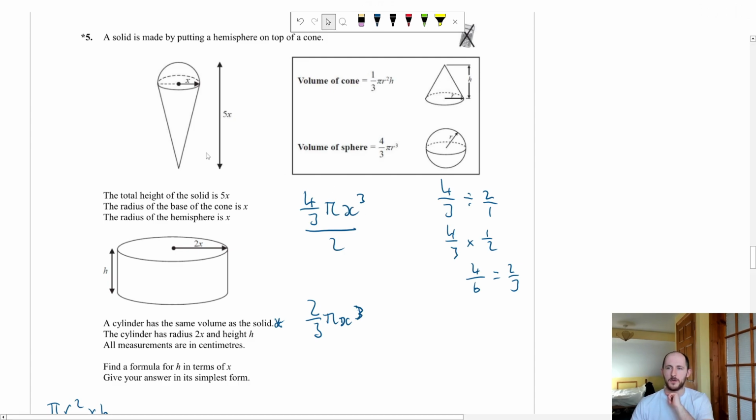Now with the cone, it says it's going to be 1 over 3 pi r squared h. So we're going to add it on, because again we've got the cone and then we've got the sphere. If you like, we've got the cone of the ice cream and then we've got the actual ice cream bit on top. It's 1 over 3 pi r squared h, so we've got the 1 over 3, that's fine. Pi, r squared, well the radius it tells me is x, so that's x squared, times the height.